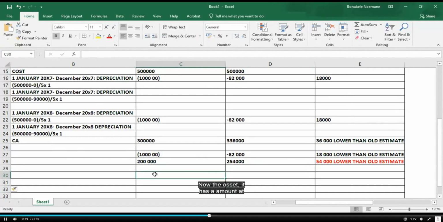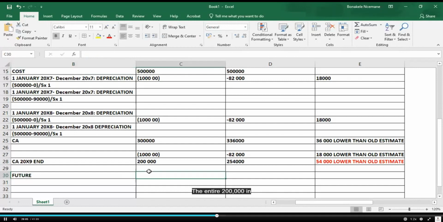Now, the asset has a carrying amount at the end of 20x9 under the old method, and 254,000 under the new method. In other words, using the old method without having a residual value, the entire amount in future will be depreciated.